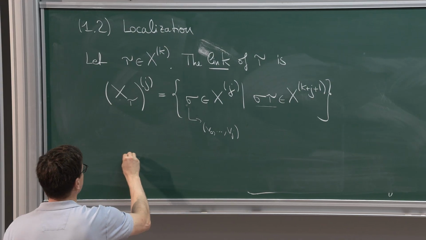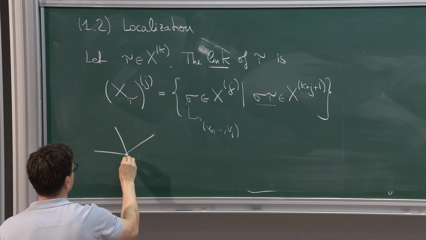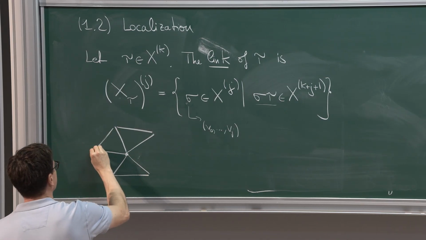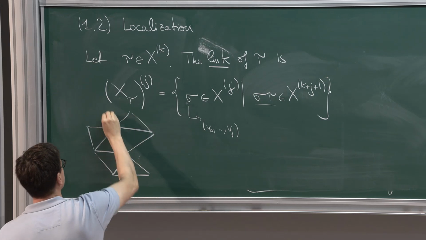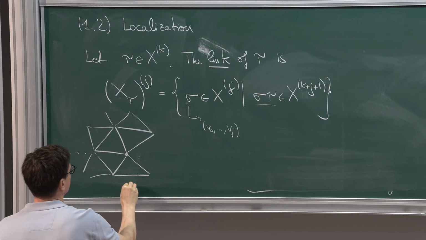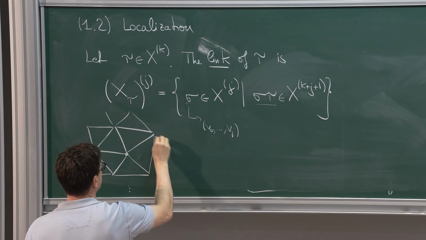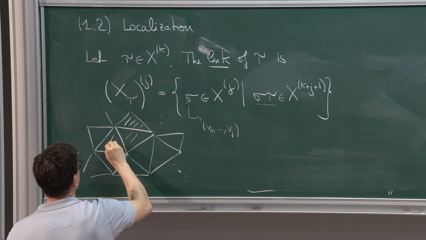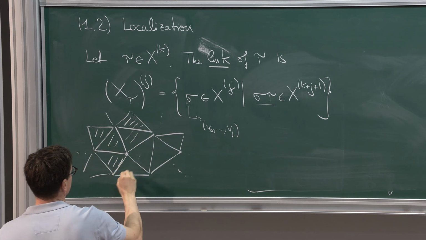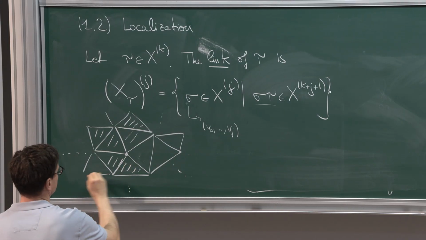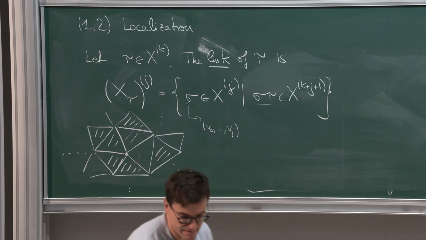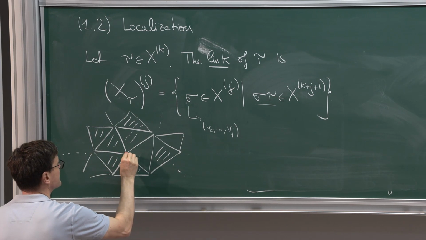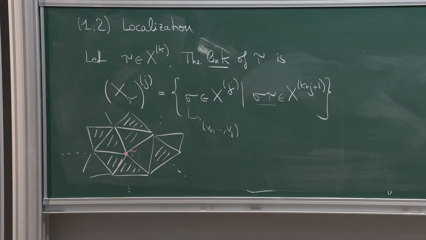And if you look at the following picture, here you have a two-dimensional complex. Let's say tau is here a zero-simplex, so it's just a vertex.